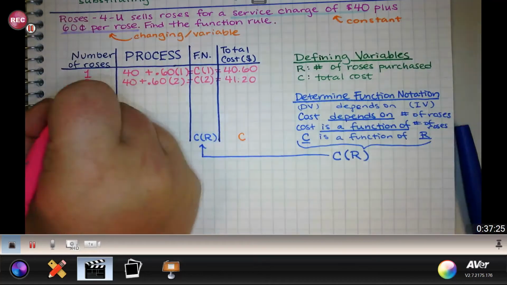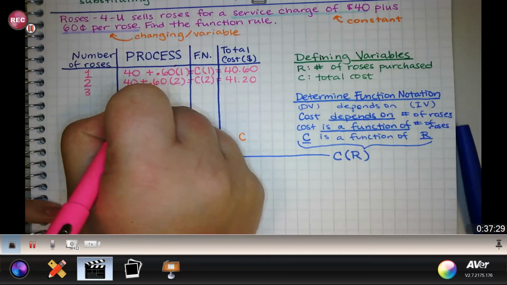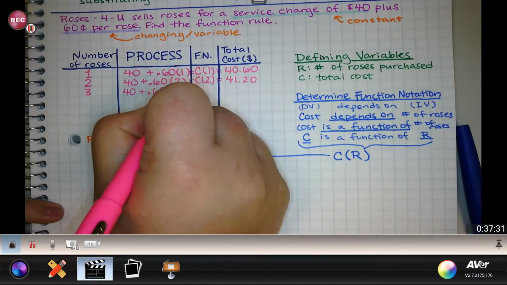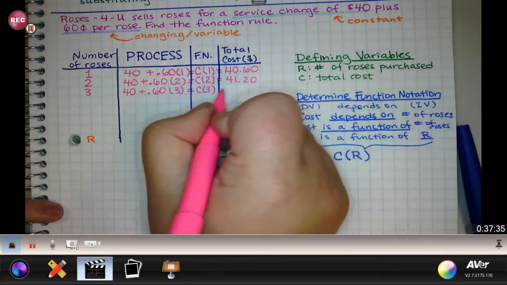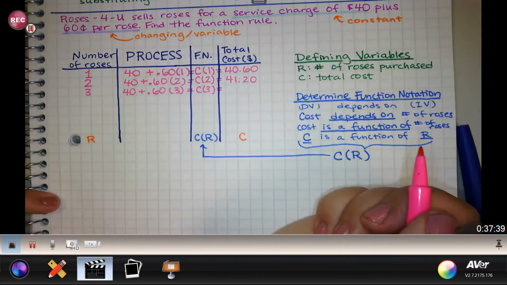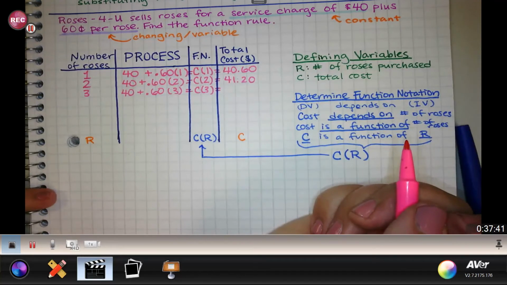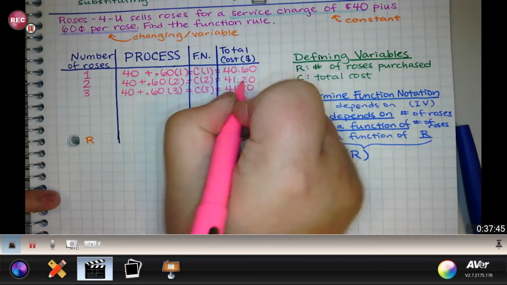When I buy 3 roses, it's $40 plus 0.60 times 3. That's the cost of 3 roses, and 60 cents times 3 is $1.80, so 40 plus $1.80 is $41.80.